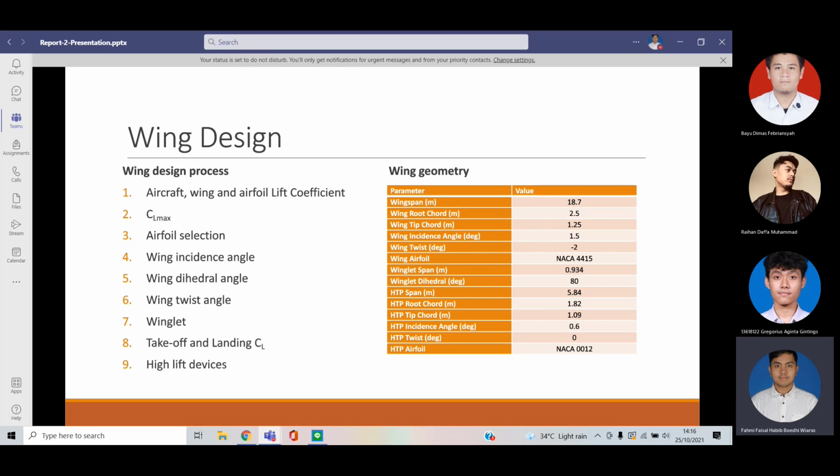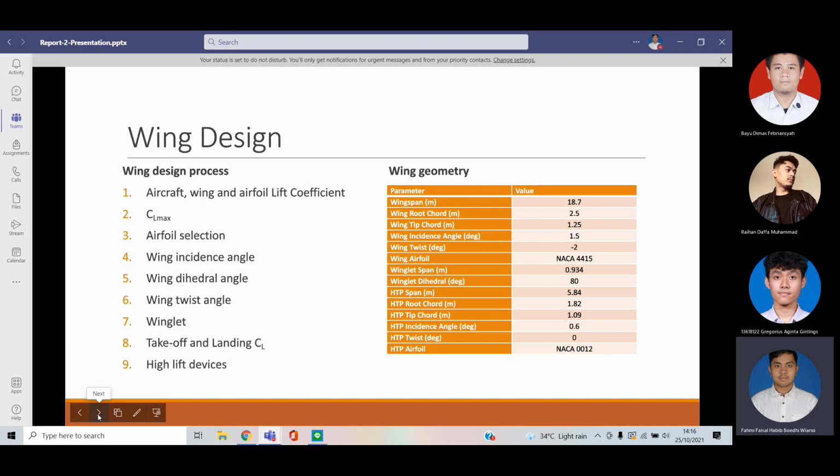And then we design our wing based on our wing planform, and we can set the incident angle to fulfill the zero angle of attack coefficient of lift, as well as the other setting angles. For the twist angle, we twist the wing a little bit downward to make a good lift distribution in the spanwise direction.